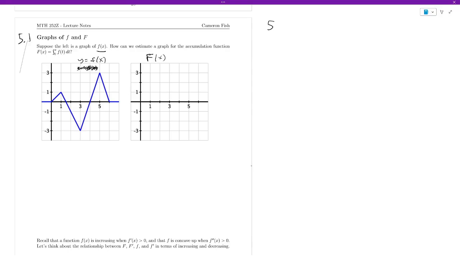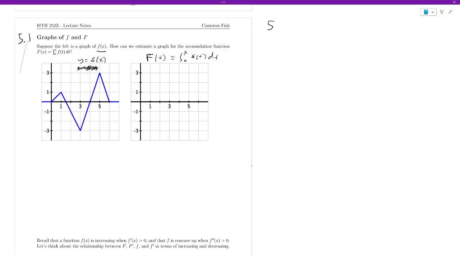I could have used capital A. It doesn't really matter. I like to use capital A when I'm thinking about an accumulation function, but since the accumulation function is an antiderivative, and it's really common to use capital F for an antiderivative, it's fine just to use it for the accumulation function.